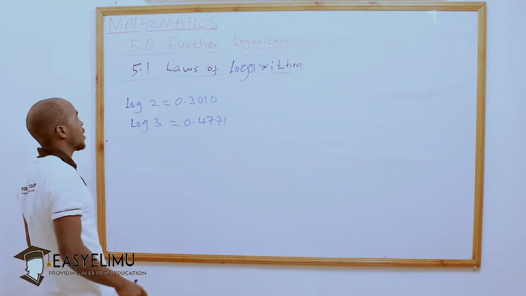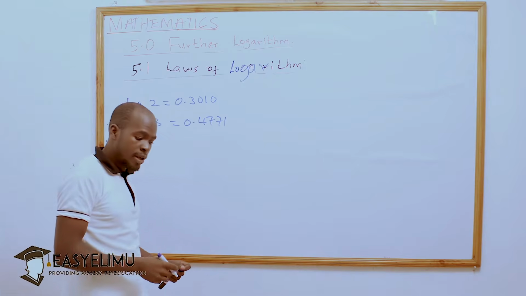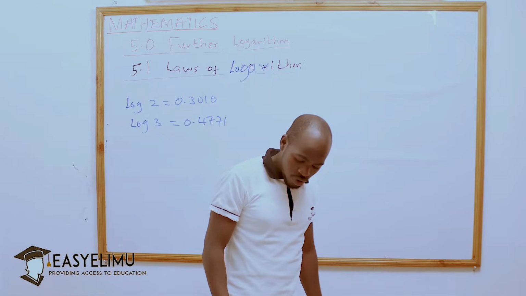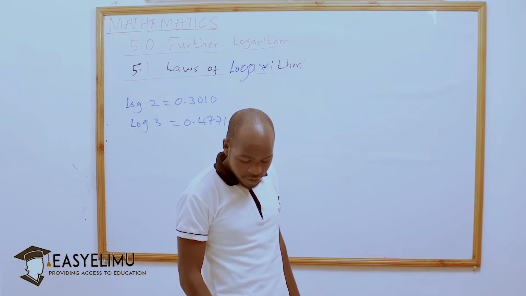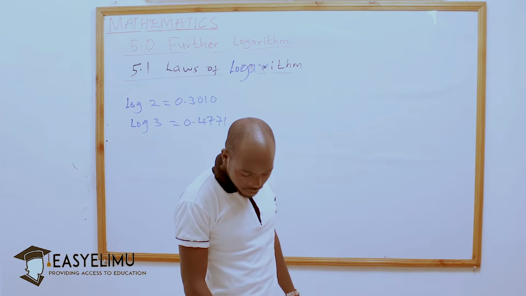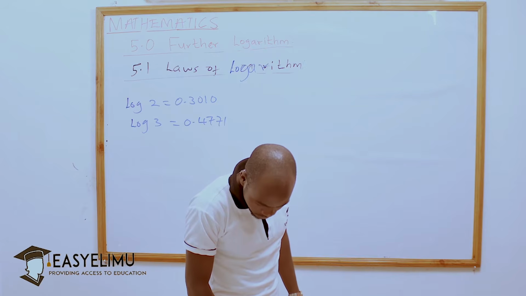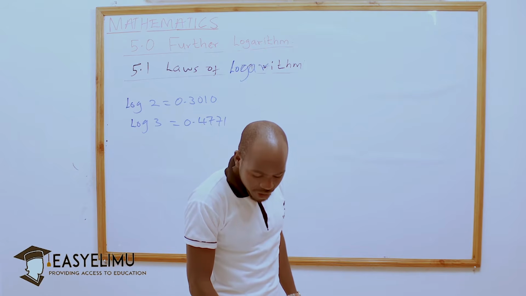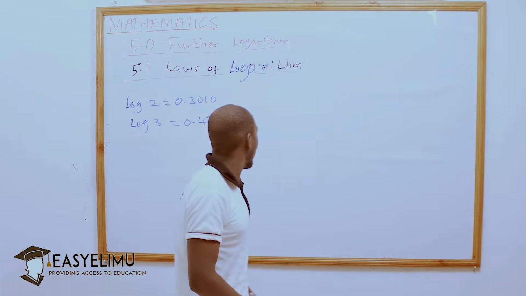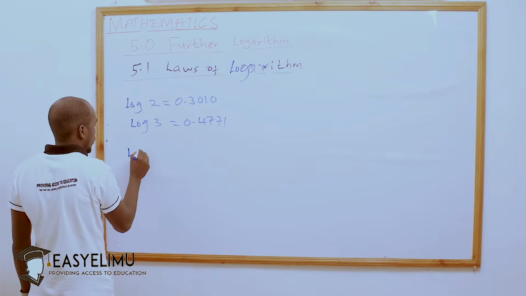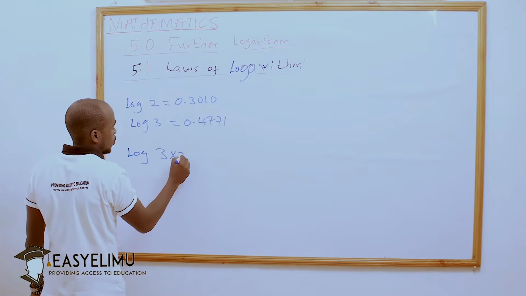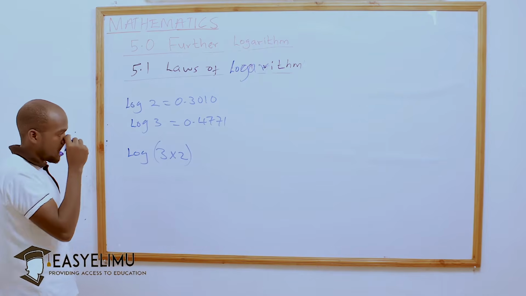All these are given to base 10. Then they have told you, given those, find log of 3 times 2, written as log 3 times 2. So we needed to find that one.